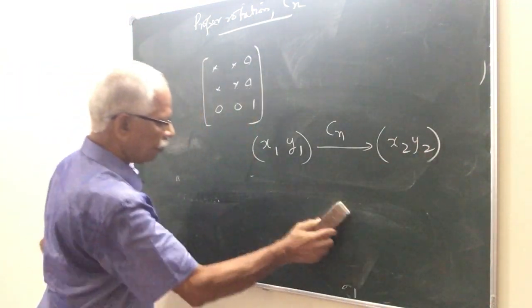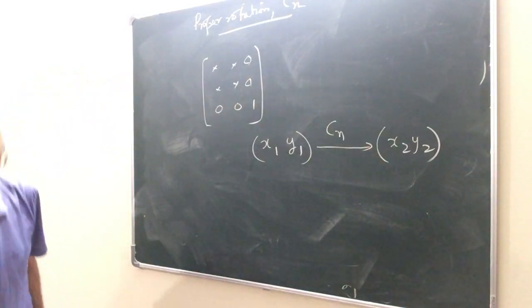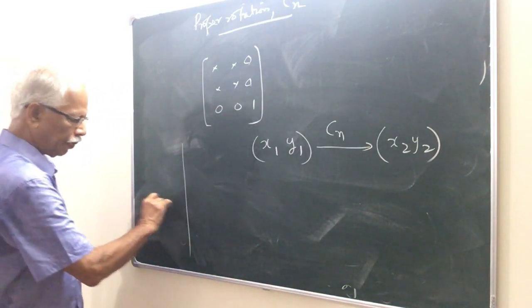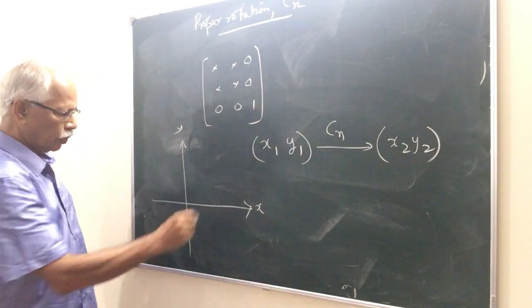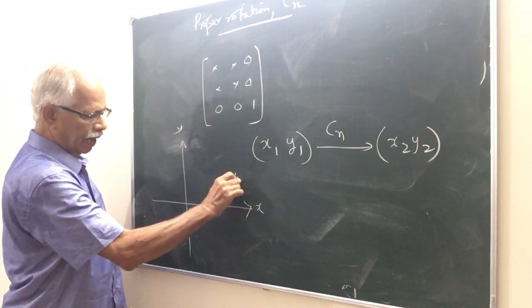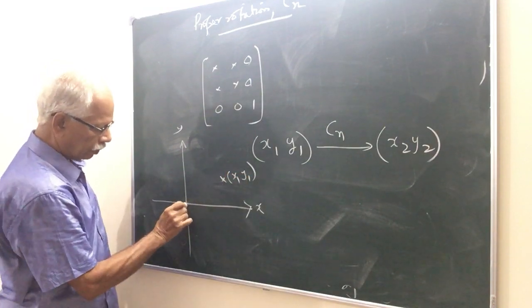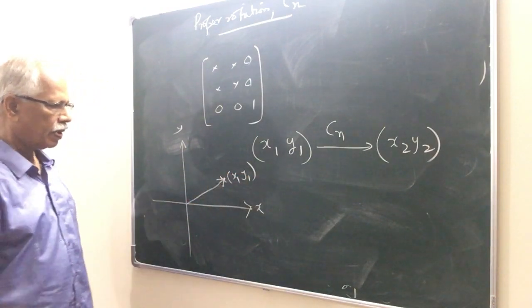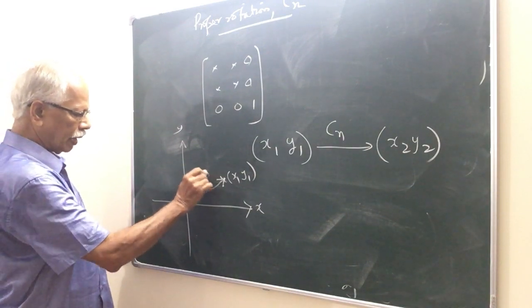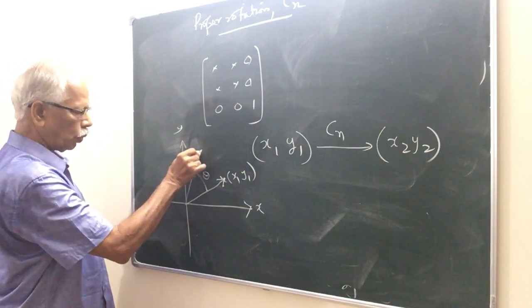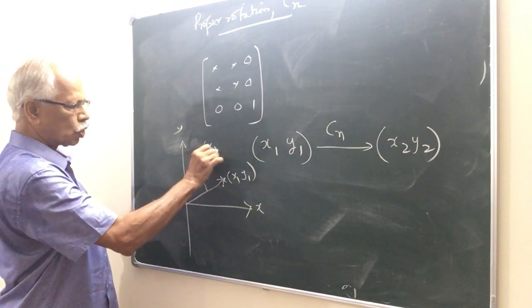The problem can be visualized by this 2-dimensional diagram. This is the x coordinate, this is the y coordinate. Suppose initially we have the point x1, y1. It is denoted by a vector like this. It is rotated in anti-clockwise direction by an angle theta, and it changes to the coordinates x2, y2.